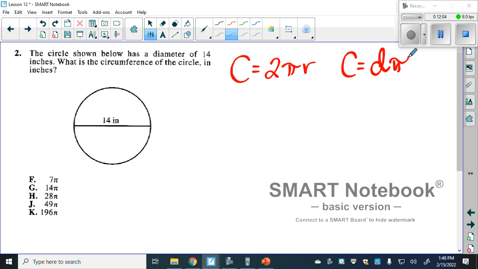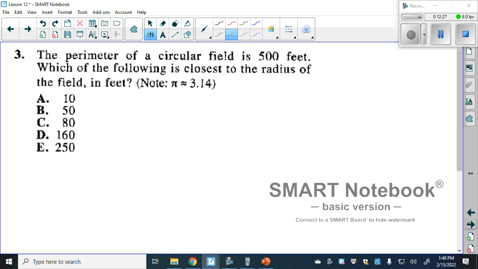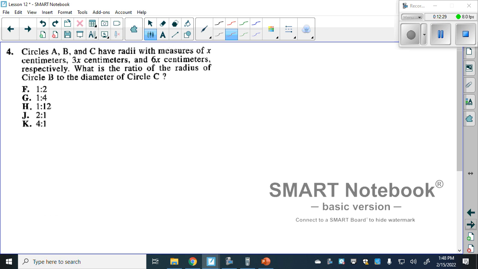Well, if the diameter is 14, the circumference is going to be 14 pi. Those are kind of nice. Any questions on the first two? Okay. I think we're good.